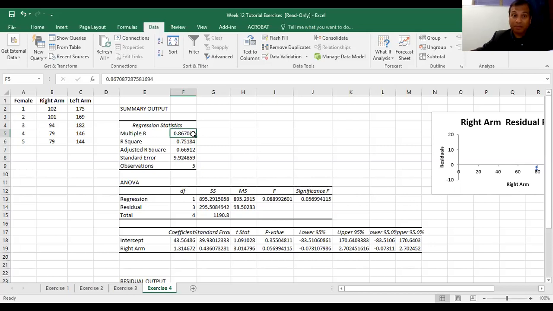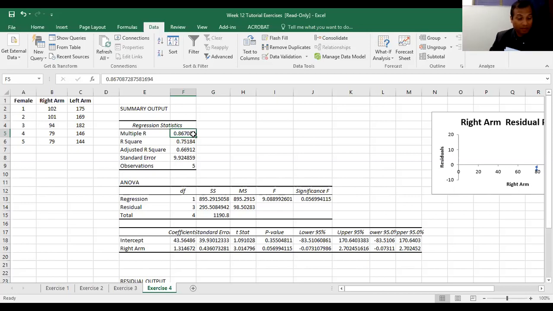Since the multiple R is equal to 0.86, it lies in the range between 0.8 and 1.0. We can say there is a strong relationship between right arm and left arm. I'm not using the words X and Y. Try to adopt it to a great extent.